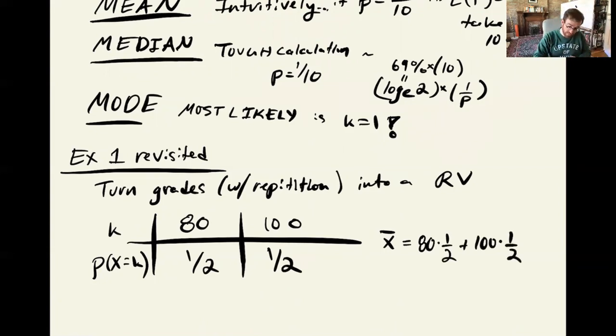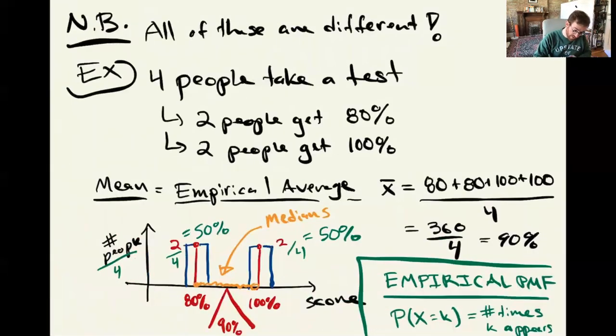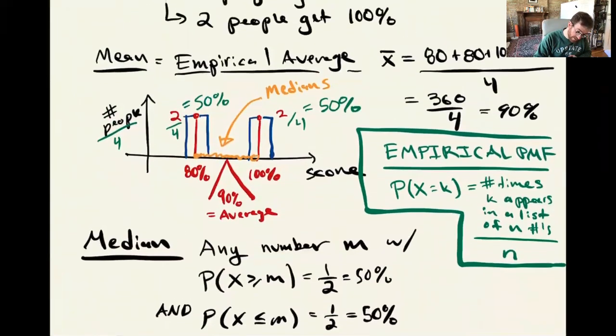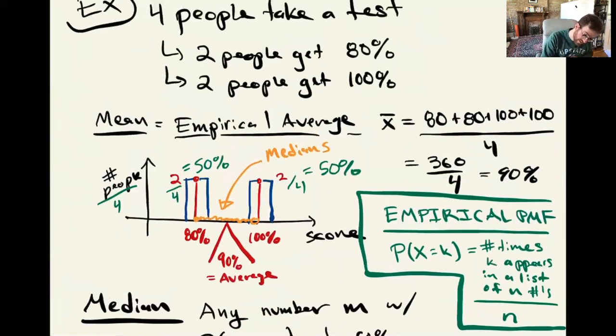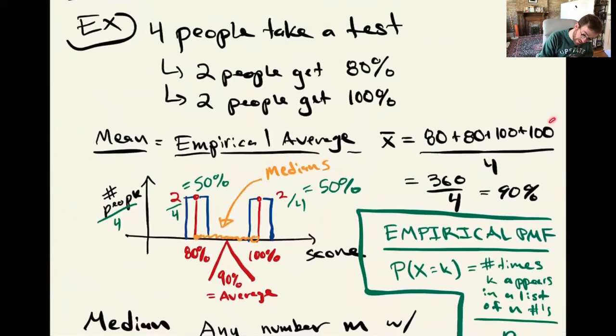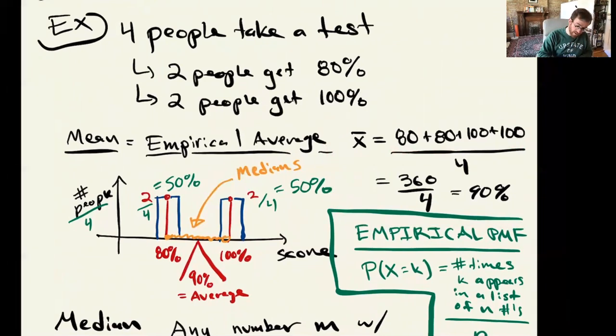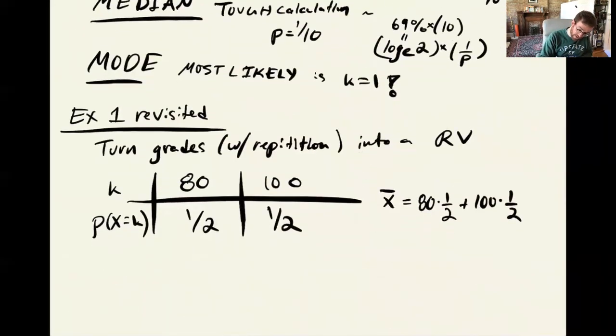Now notice this is different than what I did before. Just going back briefly, when I computed my empirical mean, right here, I took 80 plus 80 plus 100 plus 100 divided by 4. It gave me 360 divided by 4. But here, I'm just going to take 80 times a half plus 100 times a half. And what do I get?